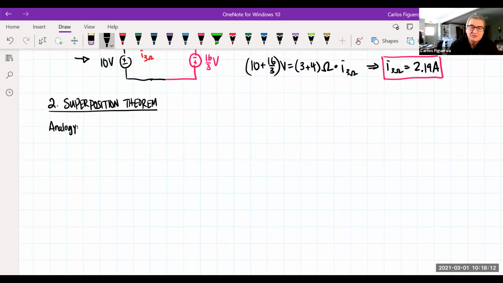Imagine that you have, so when you look at Newton's second law, Newton's second law abides the superposition principle.